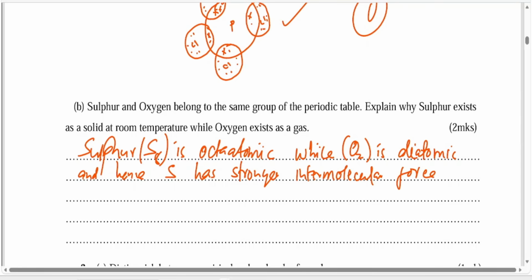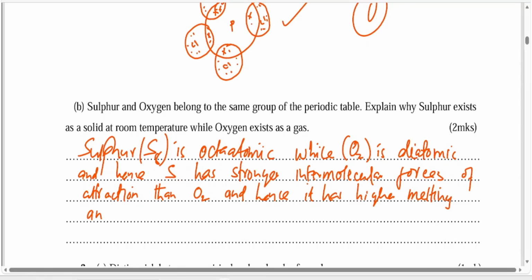That is the van der Waals forces of attraction than oxygen, and hence it has higher melting and boiling point than oxygen. And explaining this will give you 2 marks.